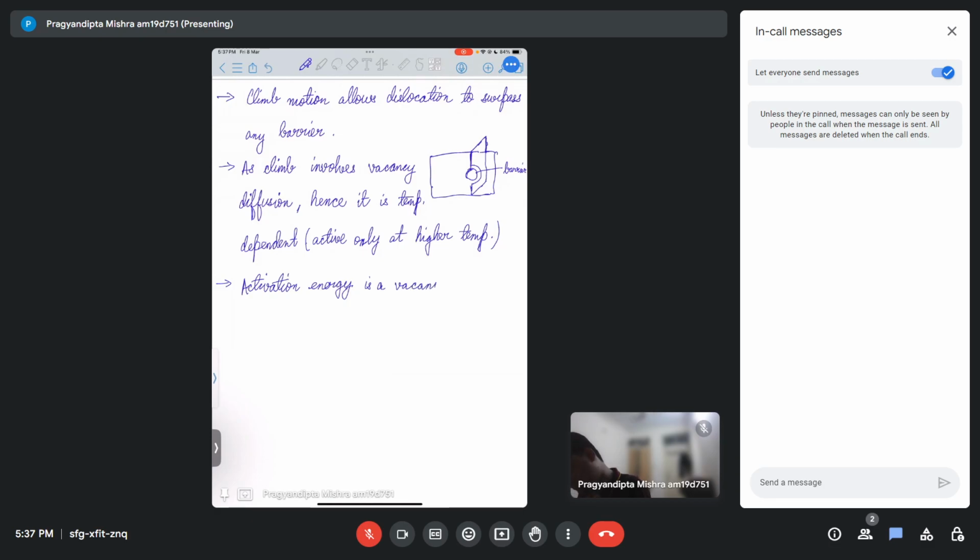I don't have to go deeper into activation energy at this stage, but it is enough to know that it is an energy value that the dislocation must possess in order to circumvent that barrier using climb. That activation energy defines how much energy is required for vacancy diffusion to happen.